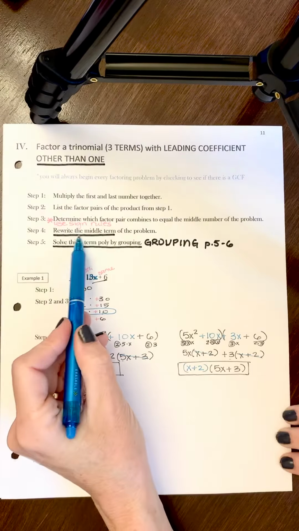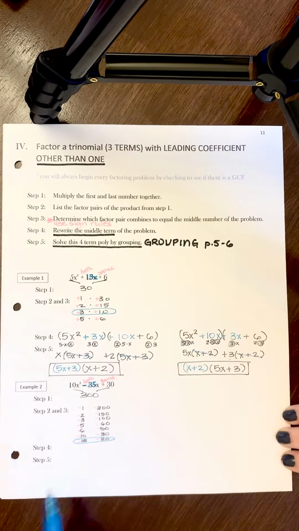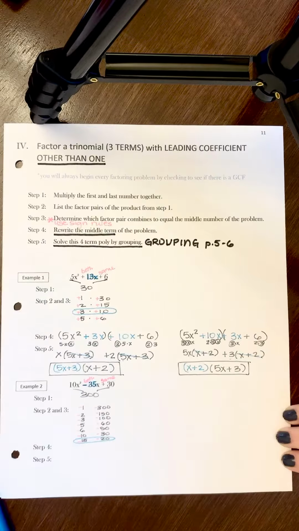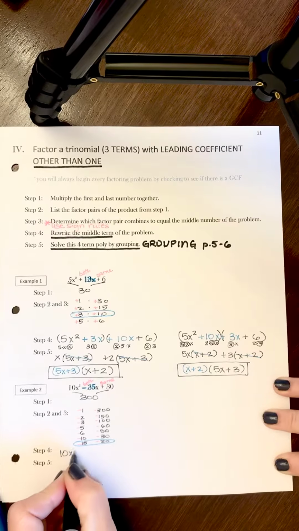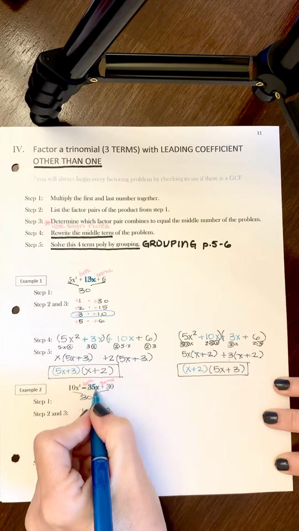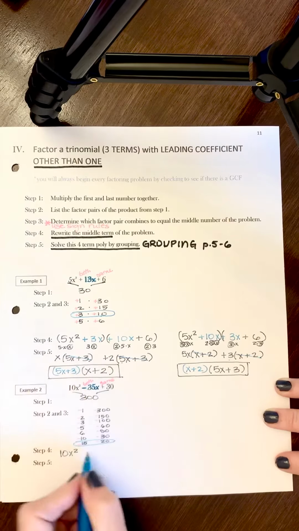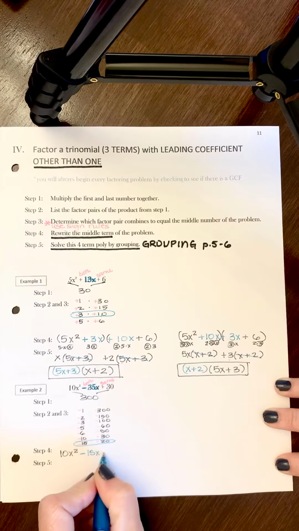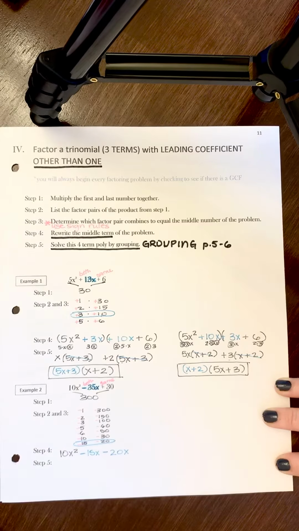So now I'm going to rewrite the middle term of the problem using this factor pair. Okay, so the first term is going to stay the same, 10x squared. The middle term, which was a negative 35x, I'm not changing its value, I'm just rewriting it as a negative 15x and a negative 20x.